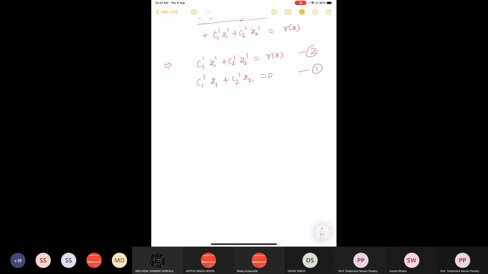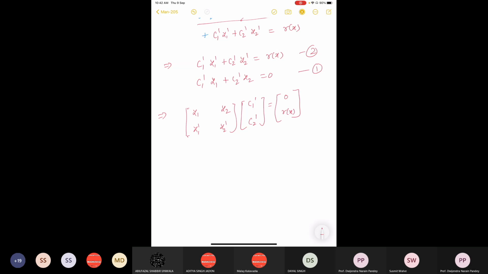Another one is c1 dash y1 dash plus c2 dash y2 dash is equal to r of x. Or I can write it as a matrix: y1, y2, y1 dash, y2 dash times c1 dash, c2 dash is equal to 0 and r of x.